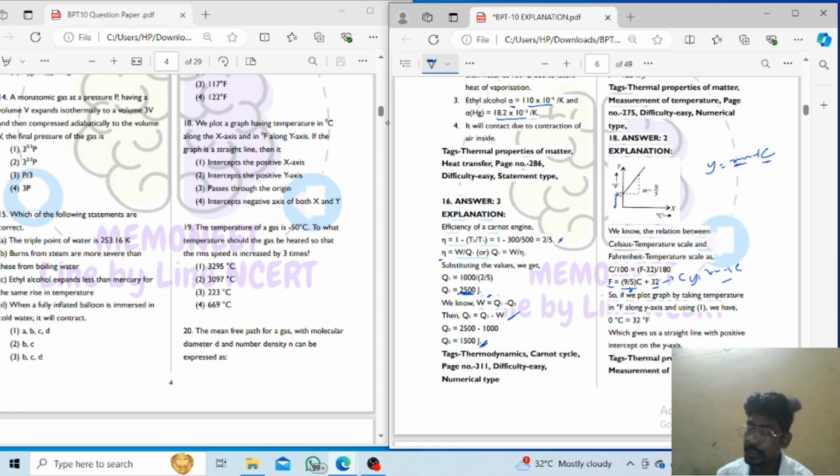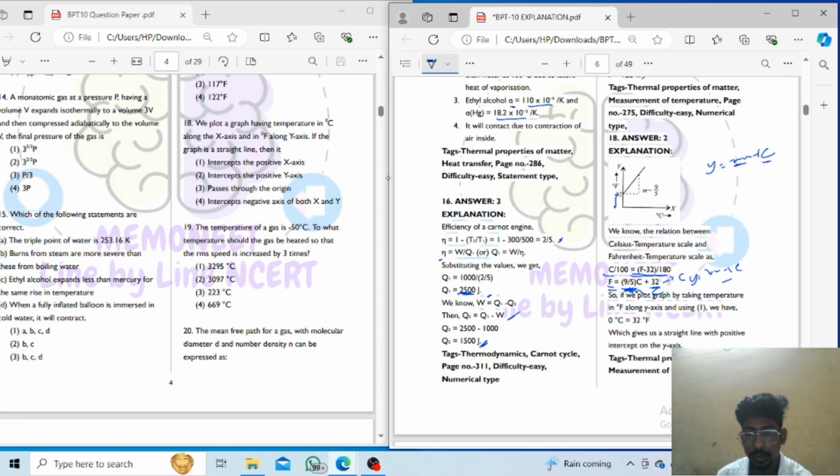So the relation between the Celsius and Fahrenheit scales is C by 5 equals F minus 32 by 9. After calculating this, we will get F equals 9 by 5 C plus 32. So here this is our m and this is our c. Okay. If you see this, the intercept is positive and the slope is also positive.